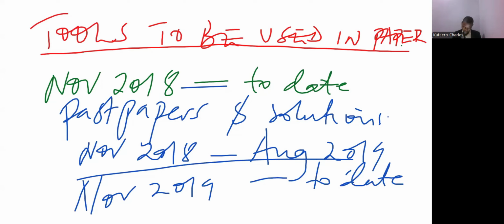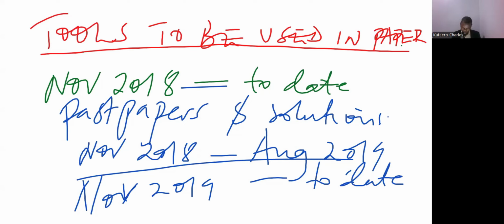So November 2018 to 2019 to date will give you some challenge. It will make you understand, because previously things were a little bit direct, not all that direct, but they were somehow direct.